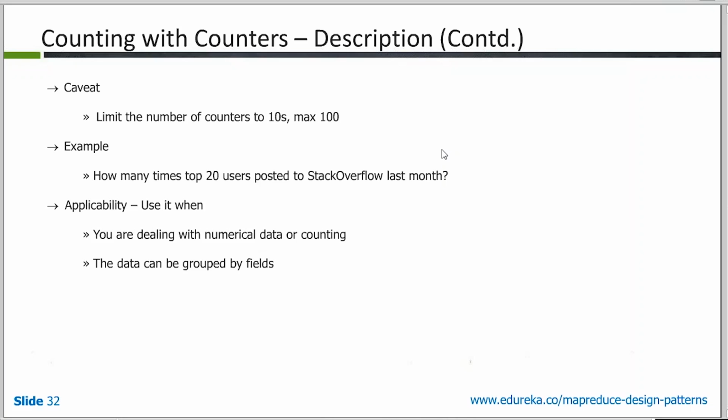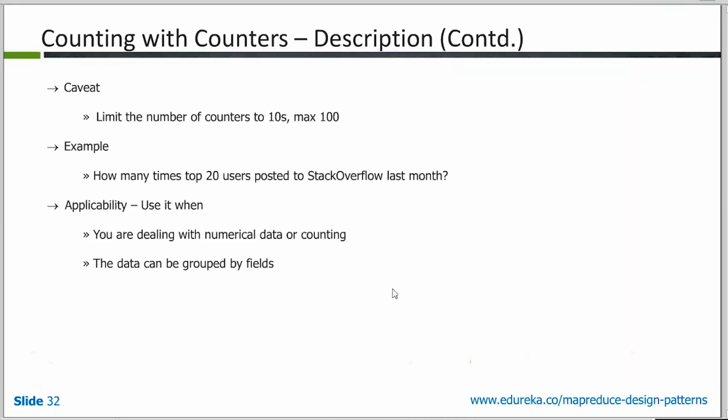So if you increase the number of counters to a lot, the performance of your whole system starts to get affected. If you're using this pattern, limit your counters to tens, maybe 20, maybe 25, not more than that. Maximum 100. Actually, you should not be reaching those limits; generally it should be somewhere around 20s or 30s, not more than that.